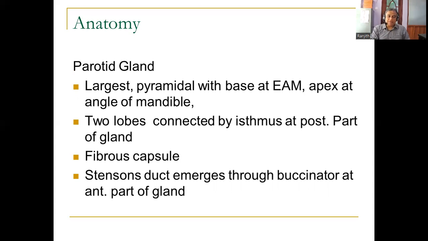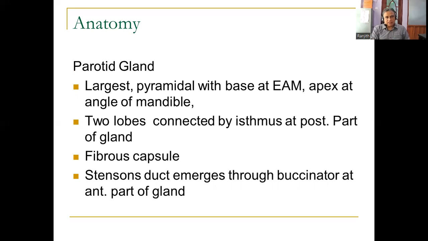It also has a fibrous capsule, which is a thick fibrous tissue that surrounds the salivary tissue. Now, the importance of that we will talk about later on.